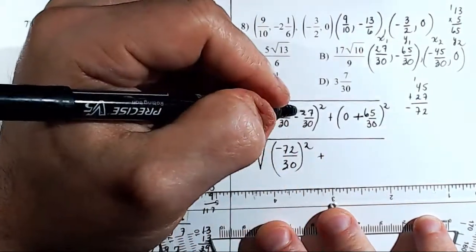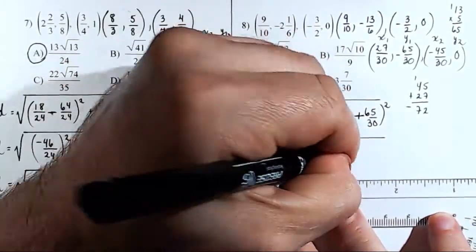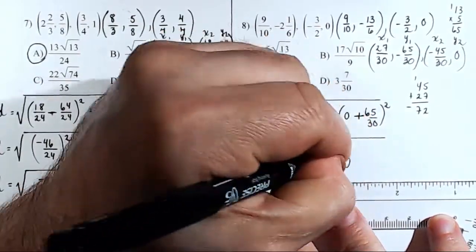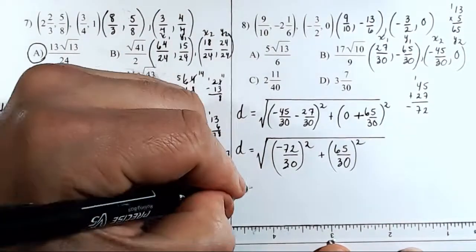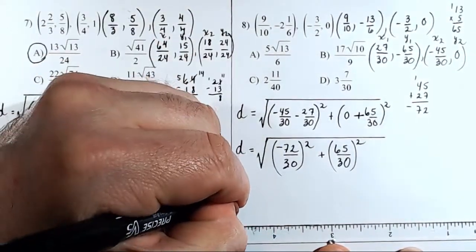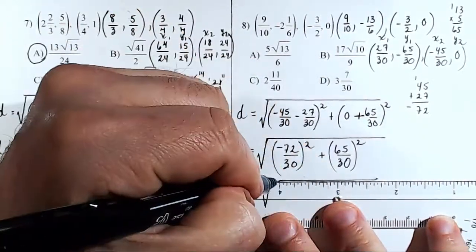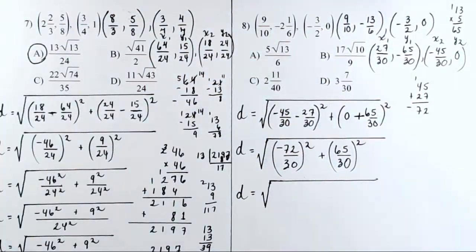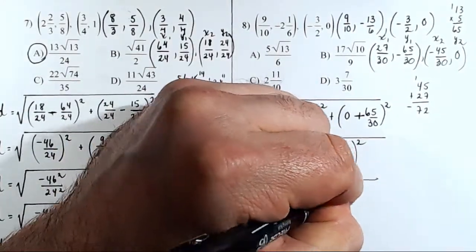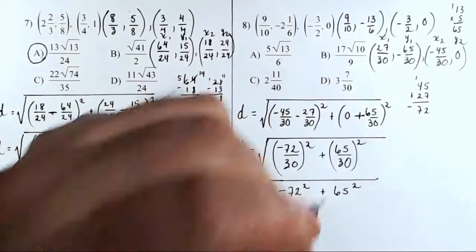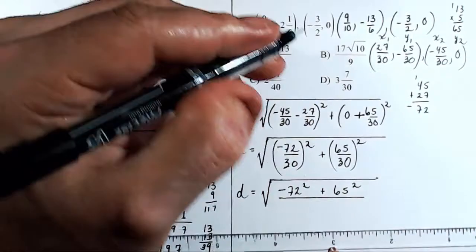So this is just 65 over 30 squared. Well, now I can combine the fractions because I have common denominator. Negative 72 squared plus 65 squared over 30 squared.